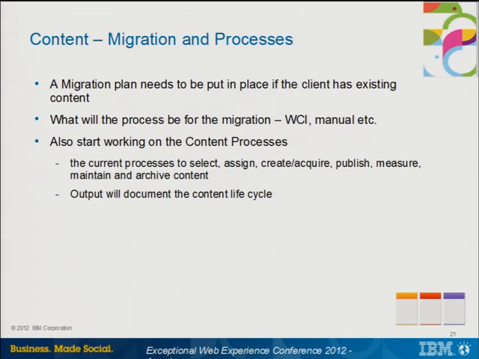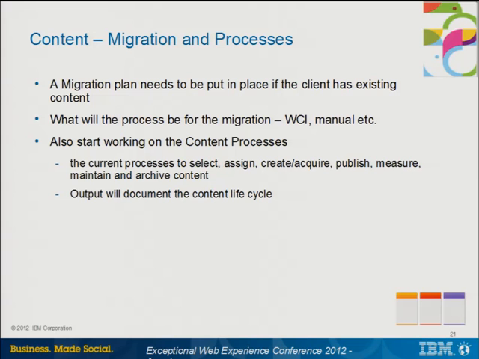Because what you want to avoid, if you've gone from a position where you've got 100,000 pieces of content and you've narrowed that down to 20, is that in 5 years' time you're back at 100,000 again, right? You want to make sure that as you're going through, you've got a good set of content processes in place, content lifecycle processes, that means you can make sure your content is always relevant.